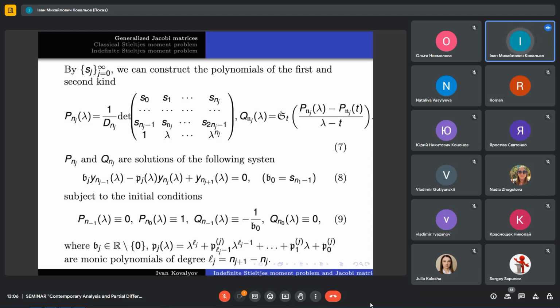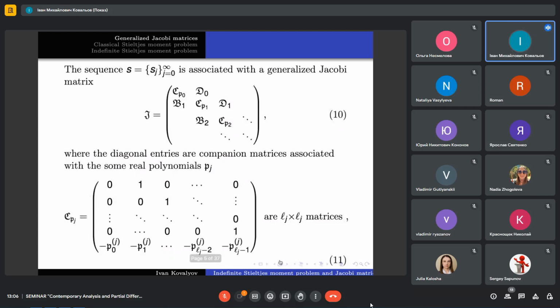Of course, P and Q are solutions of the following system subject to the initial condition 9. In our situation, the small p is a monic polynomial of degree l_j, and l_j equals n_{j+1} minus n_j, where n_j and n_{j+1} are normal indices.